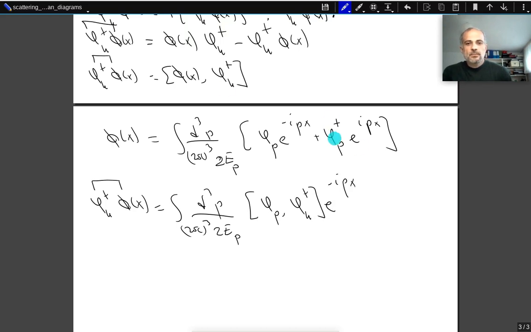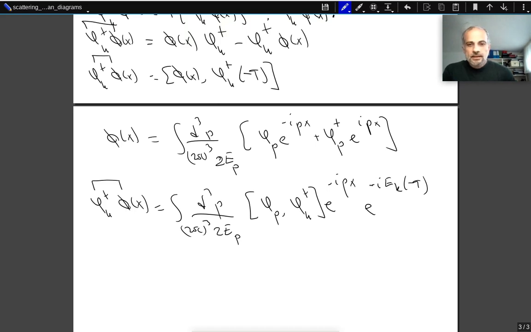And keep in mind that phi p dagger commutes with phi k dagger for all values of p and k. And again, let me also write down the time here. This is at the time minus T. And keep in mind that this operator at the time minus T has a factor of e to the power minus i E_k times minus T.